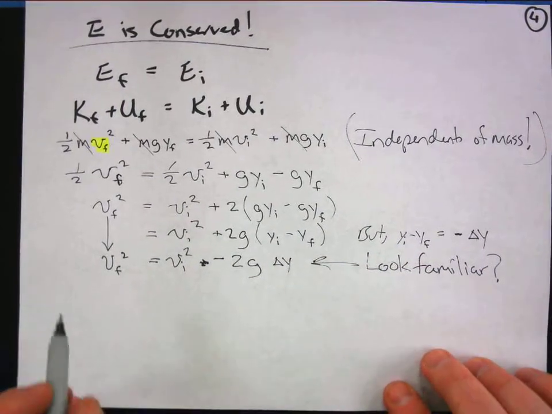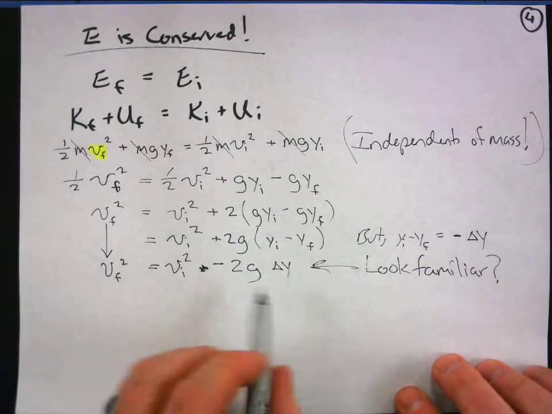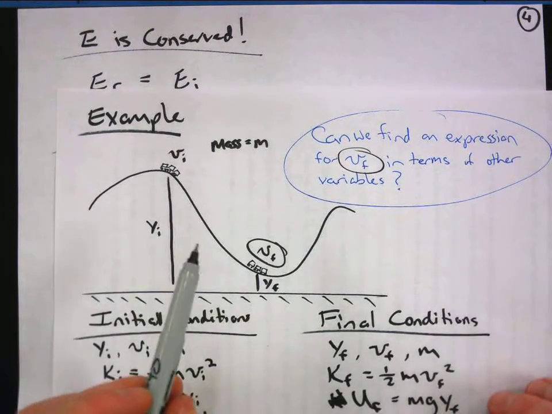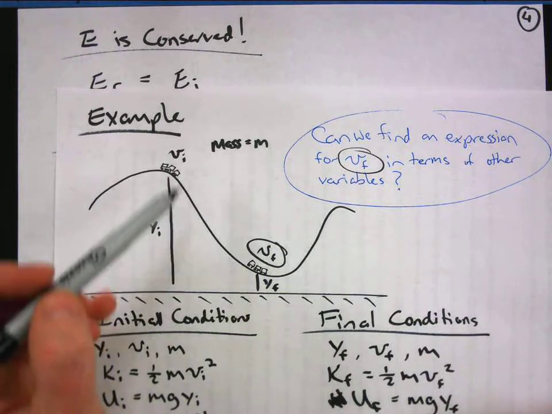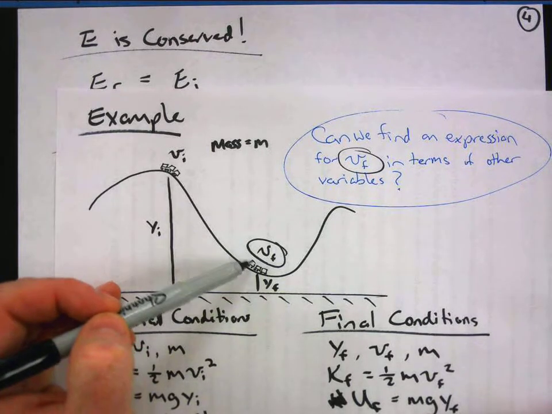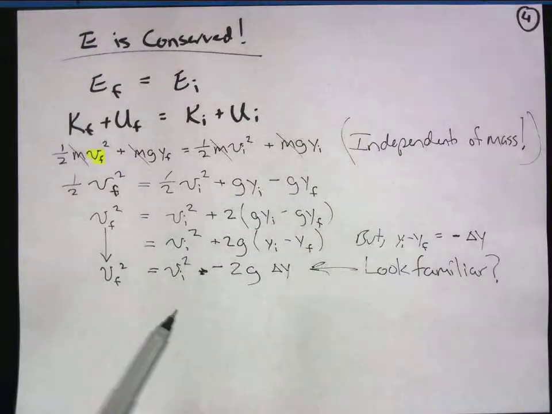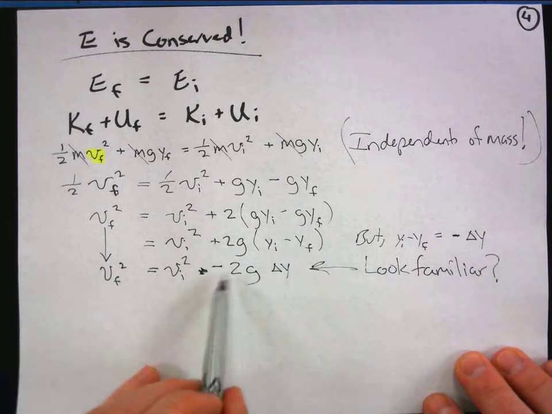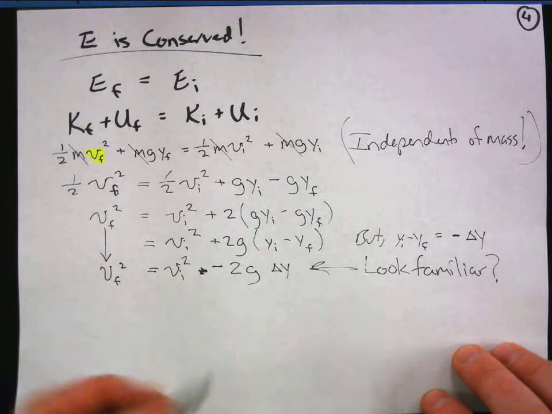Now, something interesting, you might say to yourself, whoa, wait. Look what's happening. We expect final velocity to be greater than initial velocity. But you're taking away something here from initial velocity. Won't final velocity be a lower value? And the answer is no. And the reason is there's something very important happening with this delta y.